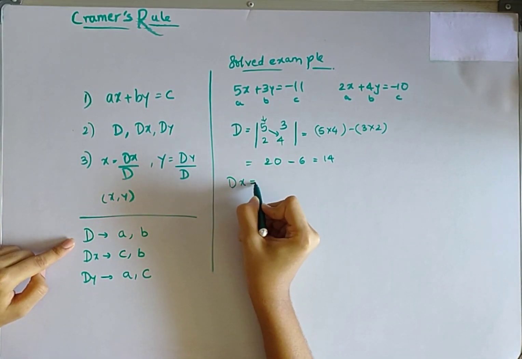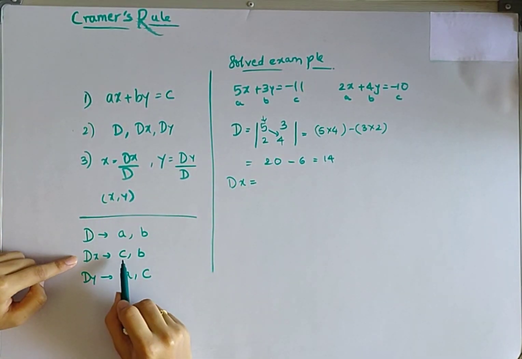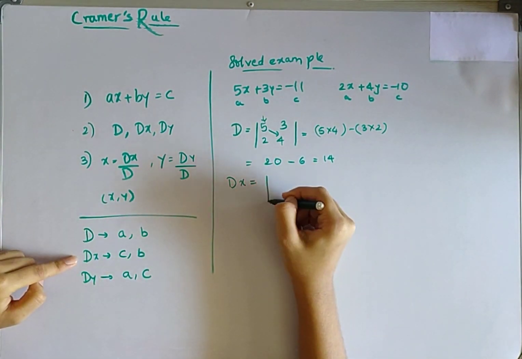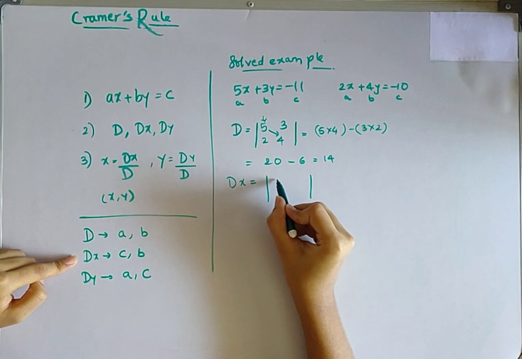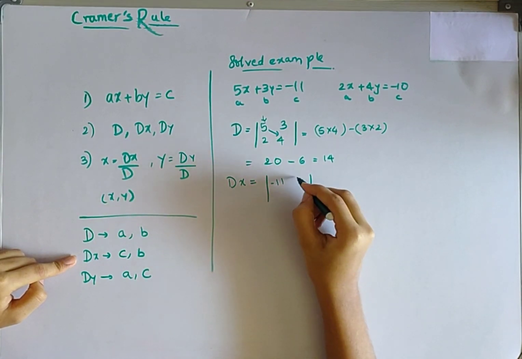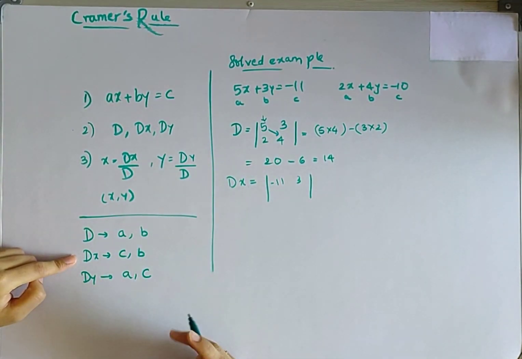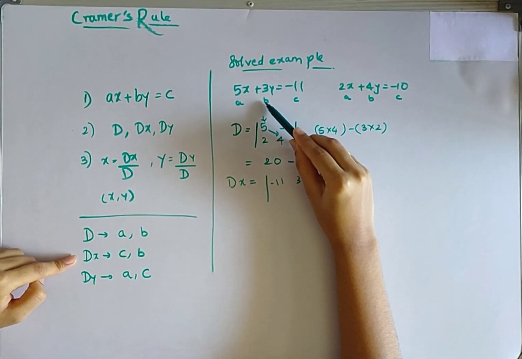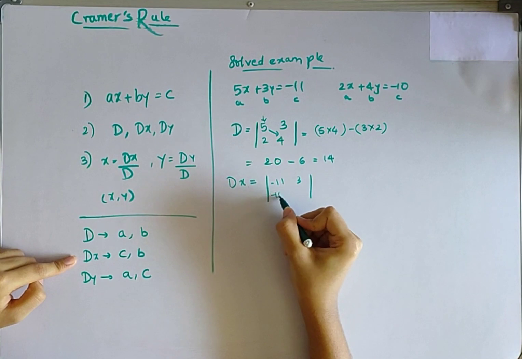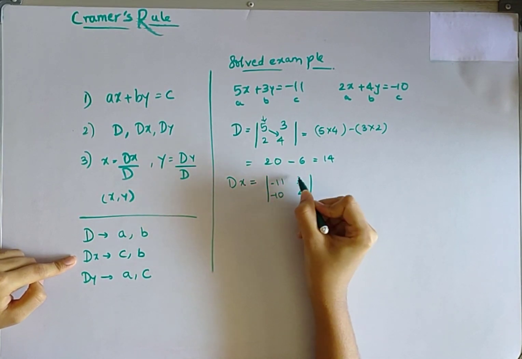Now let's see what is dx. So dx is c and b. So in your determinant, you will find c and then b. Follow the order. Do not miss the order. You cannot write it b and c. You have to write it in the form of c and b. That is minus 11 and 3 and then minus 10 and 4.